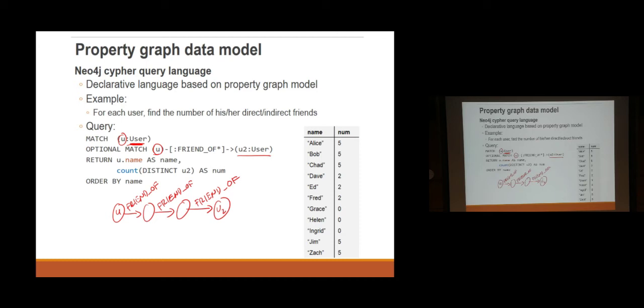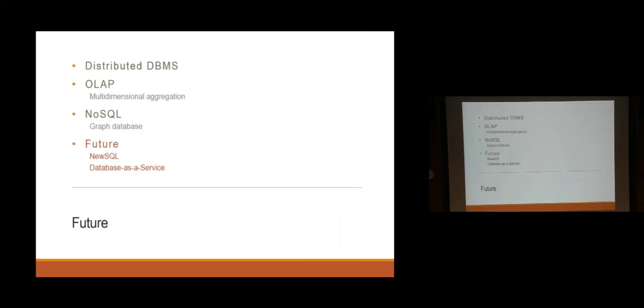All right? So that's what the property graph data model is. This is basically something that's kind of popular right now. This type of NoSQL is kind of popular. Then let's look at what the future has for us. In the future, there's now an attempt to compete with NoSQL, but without using NoSQL.